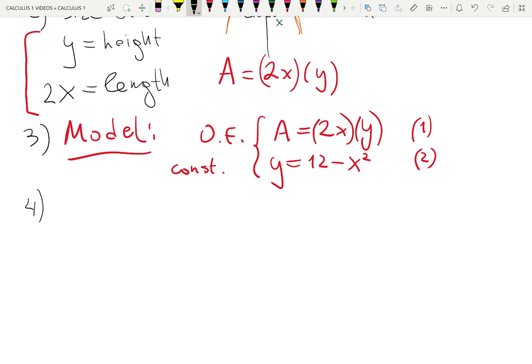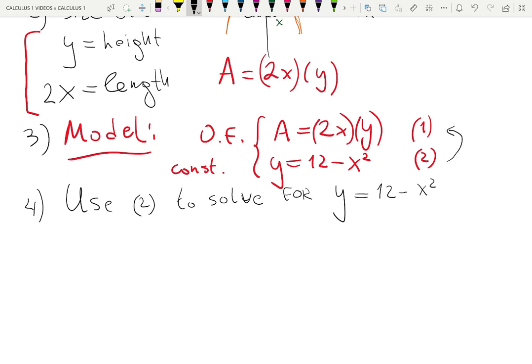An explanation. Well, before taking the derivative of A, let's make it depend only on one variable. I want A to depend only on one variable. So use equation 2 to solve for one of the variables. Well, in this case, it's already solved for y, which is 12 minus x squared, which is lucky.